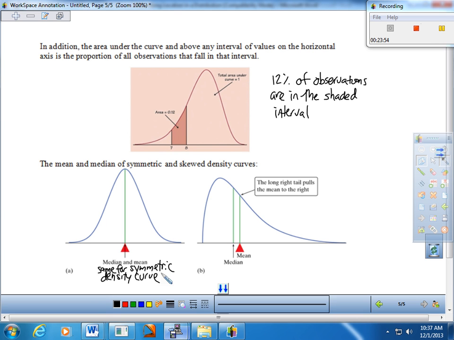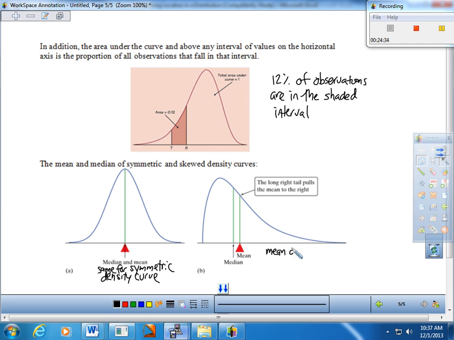And for a skewed one, do you remember we kind of talked about this? The mean is further along the tail of a skewed distribution. So if this is right skewed, then the mean is going to be to the right of the median. And that's exactly what we have here. So we kind of looked at this numerically. We actually wrote this conclusion down on a previous notes worksheet. But if we had a density curve that looked like this for a right skewed distribution, the mean is further along the tail, further along the skew. So I'm going to go ahead and just write that piece here, and we'll wrap this on up.